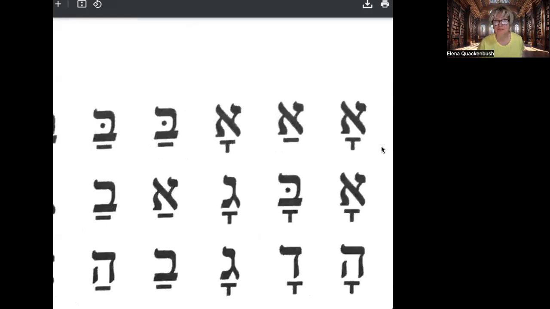Aleph, no sound, ah. Aleph, no sound, ah. Aleph, no sound, ah. Bet, b, ah, ba. Bet, b, ah, ba.